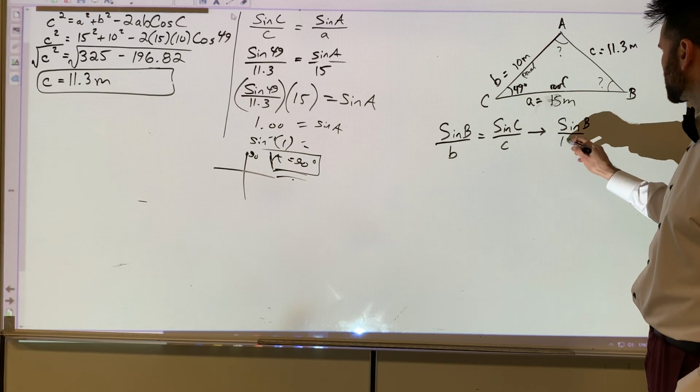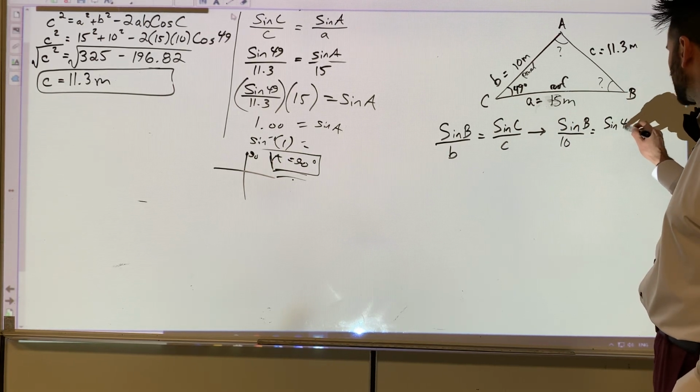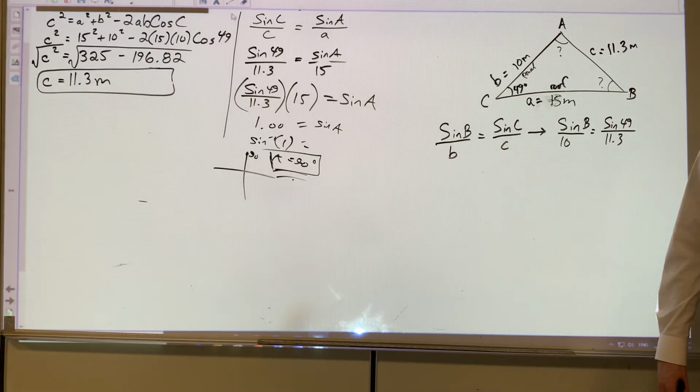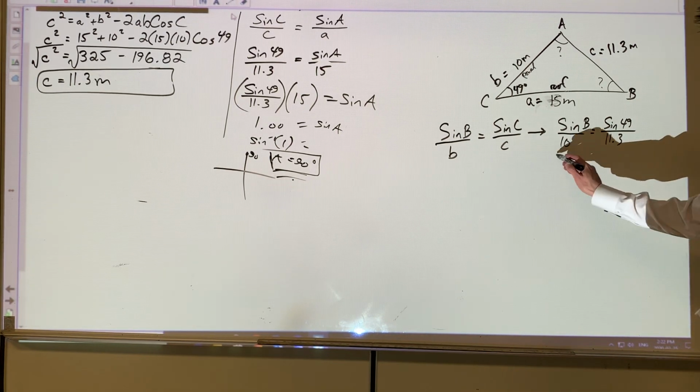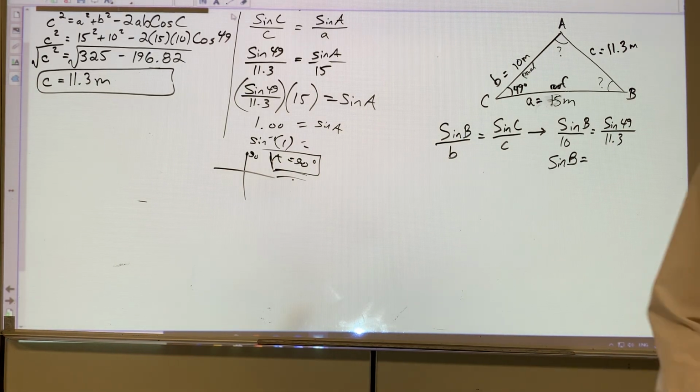We know side B is 10, and that sine C is sine 49 over 11.3. And then we'll end the video there. We won't do the last problem. That's enough.